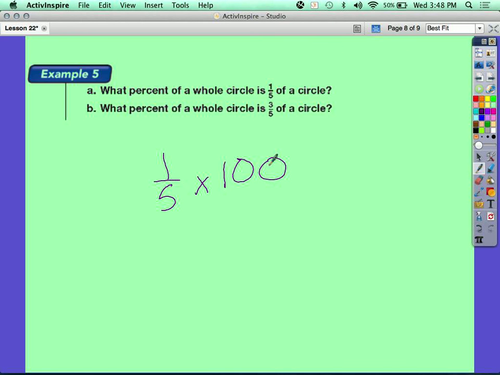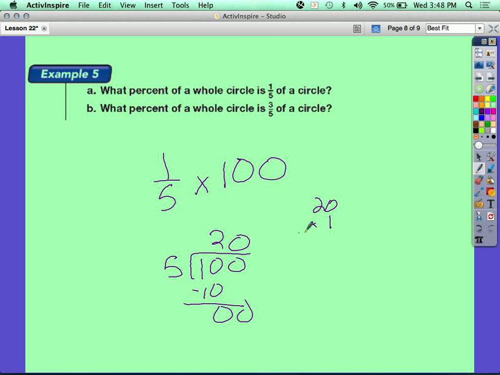So divide by the bottom. We got 20. We're going to multiply it by the top. We have a 1, so it's going to stay the same. So for letter A, what percent of a whole circle is 1/5 of a circle? 20%.